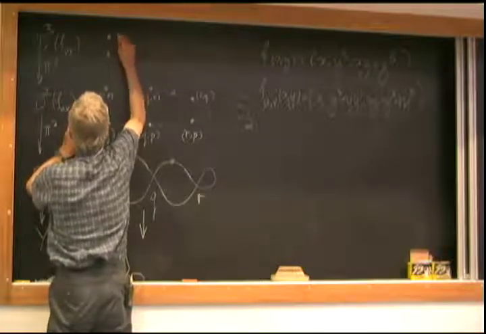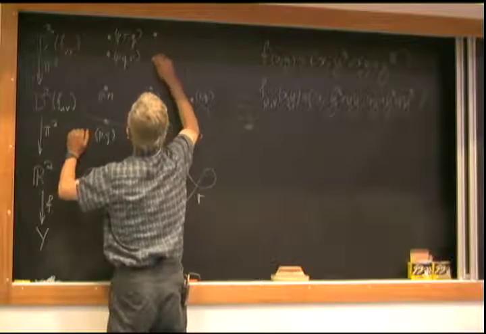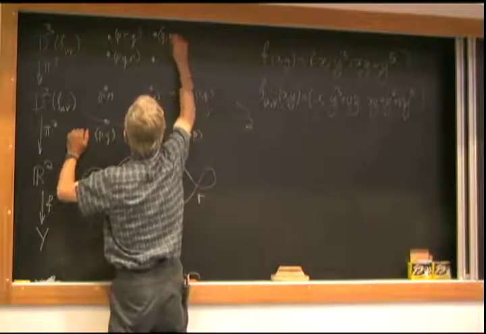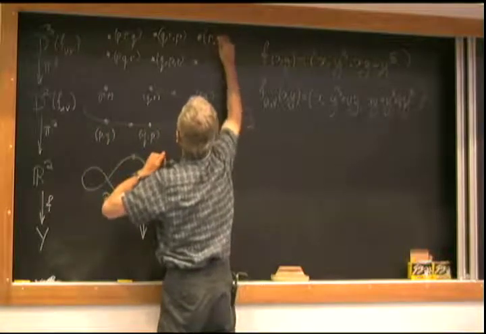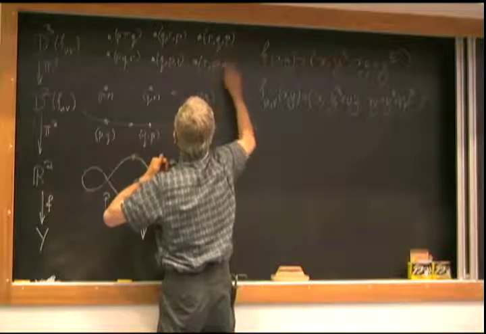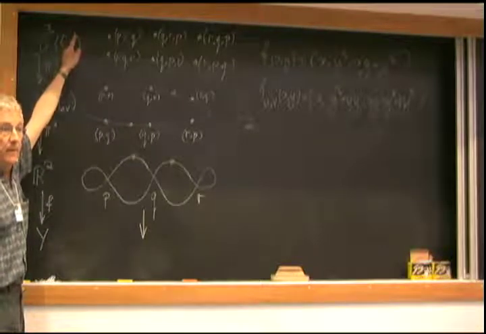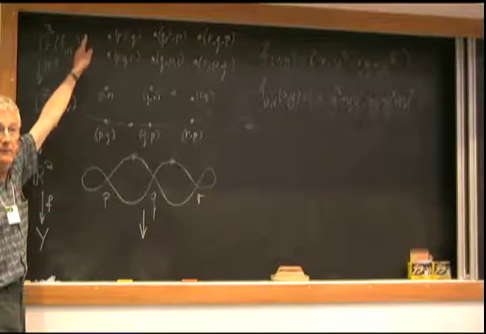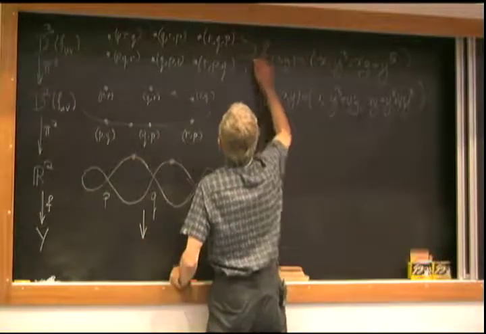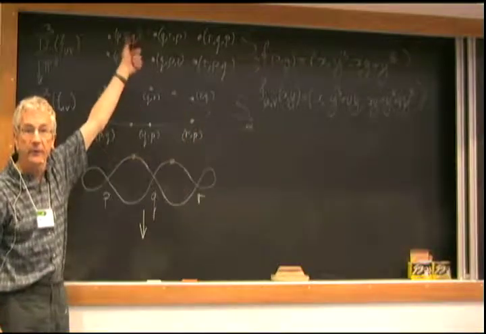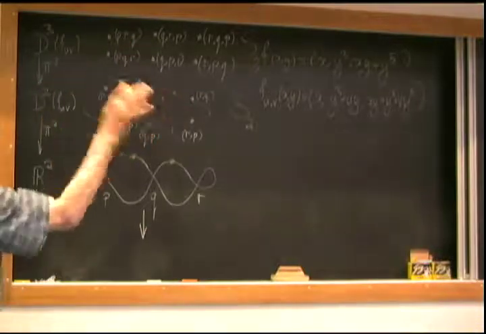There are 6: P, R, Q; P, Q, R; that's 2 triples; Q, R, P; Q, P, R; and R, Q, P; R, P, Q. So there are 6 triples here, corresponding to the 6 different orders in which you can write the 3 points P, Q, and R. And we've got the symmetric group S3 acting up here, permuting the order of the copies of X, or the copies of R2. Sorry, the diagram's a bit overloaded now.